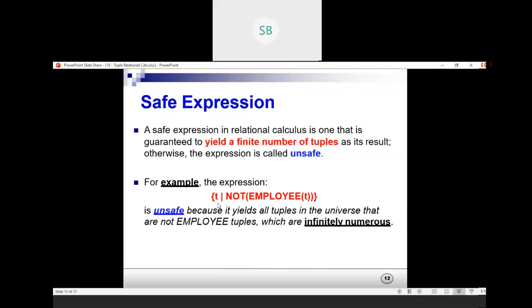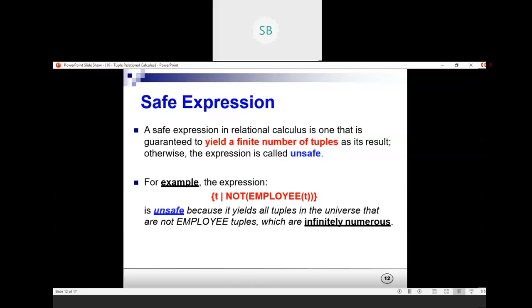So we are clear about the syntax for the tuple relational calculus, right? So we have a tuple that is not in Employee of T. In that case, it will list out all the tuples which are not present in the table Employee.